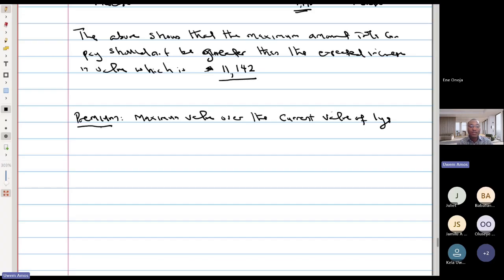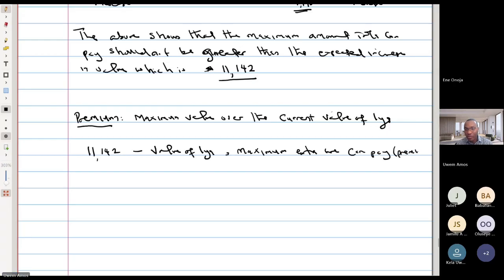We know that Tolade cannot pay more than 11,142. So when we subtract the current value of Iya, that tells us the maximum extra we can pay, which is the premium.